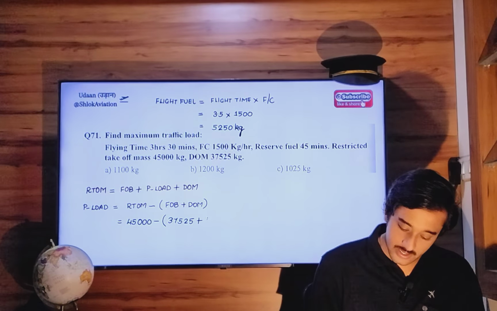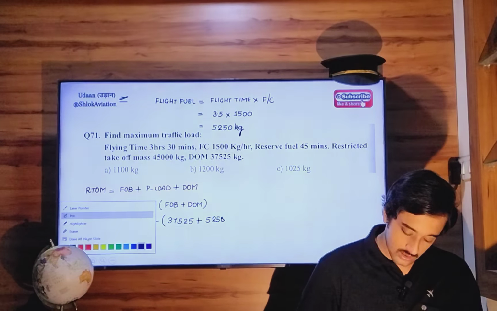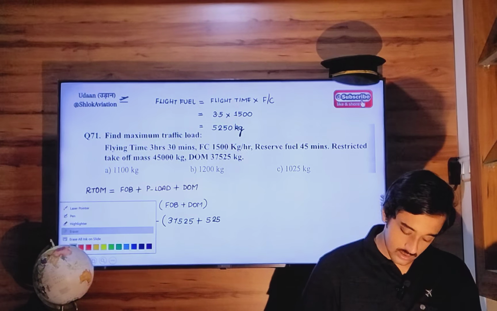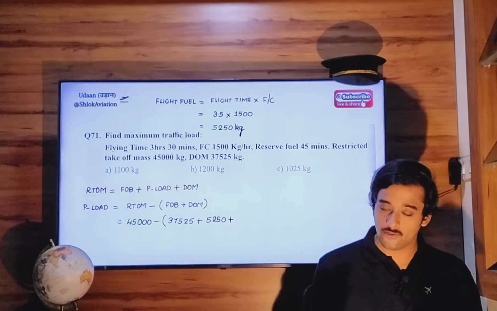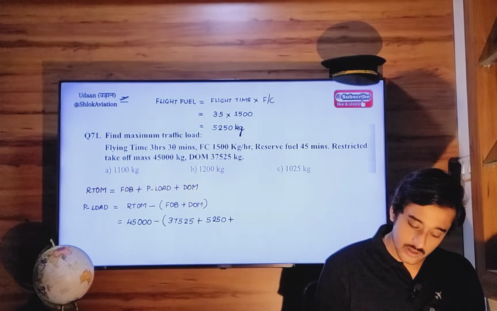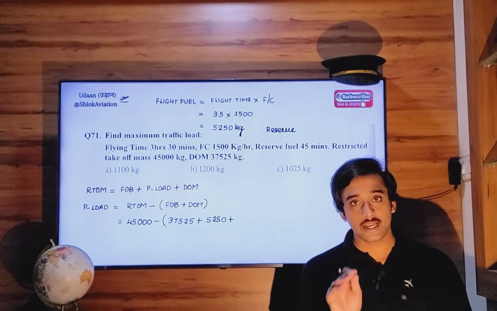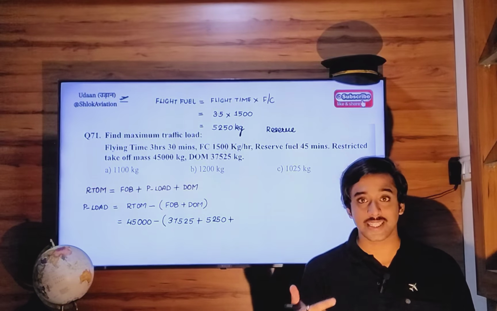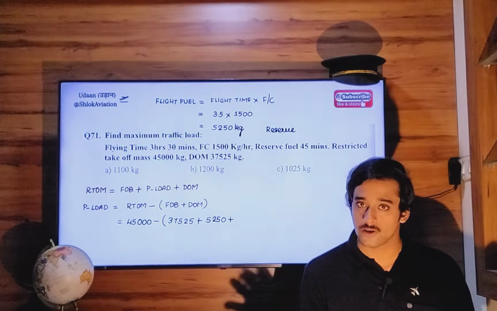So add that, plus reserve fuel. Reserve fuel is for 45 minutes. Fuel on board will be inclusive of your trip fuel, reserve fuel, contingency fuel, alternate fuel, all kinds of fuel, right?